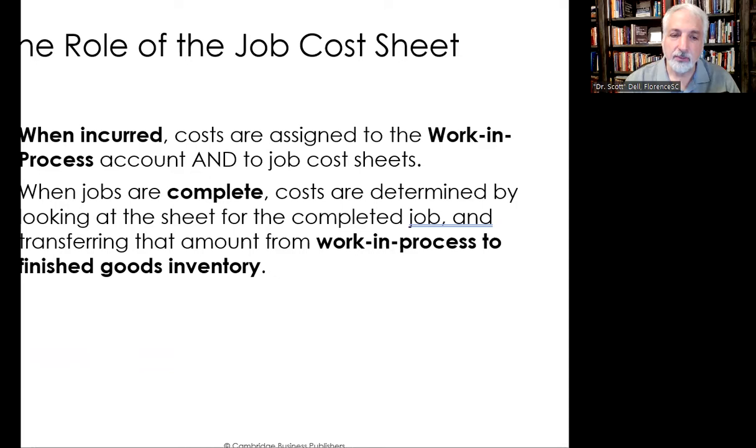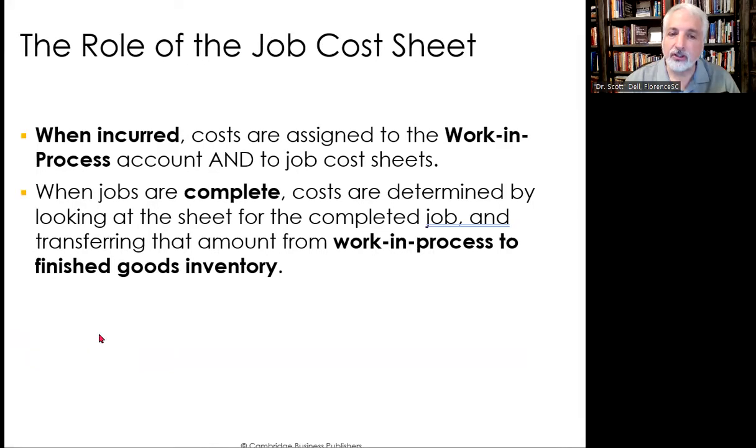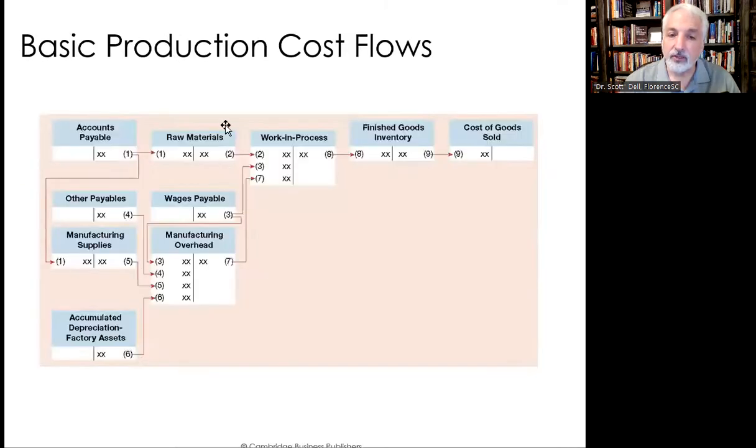So the job cost sheet: as we incur costs, they're assigned to work in process and they're tallied on the job cost sheet. When jobs are complete, the costs are determined by looking at the sheet and they're transferred from materials into work in process. Work in process gets transferred into finished goods inventory.